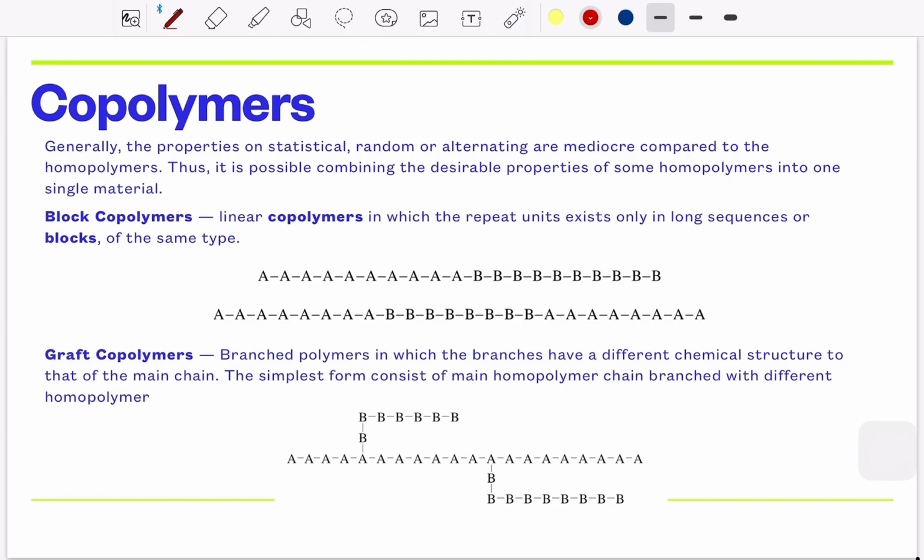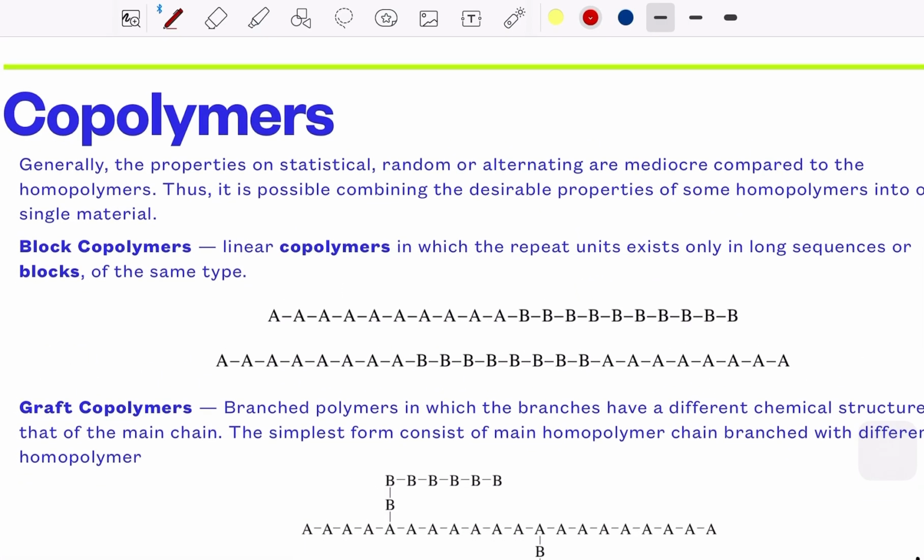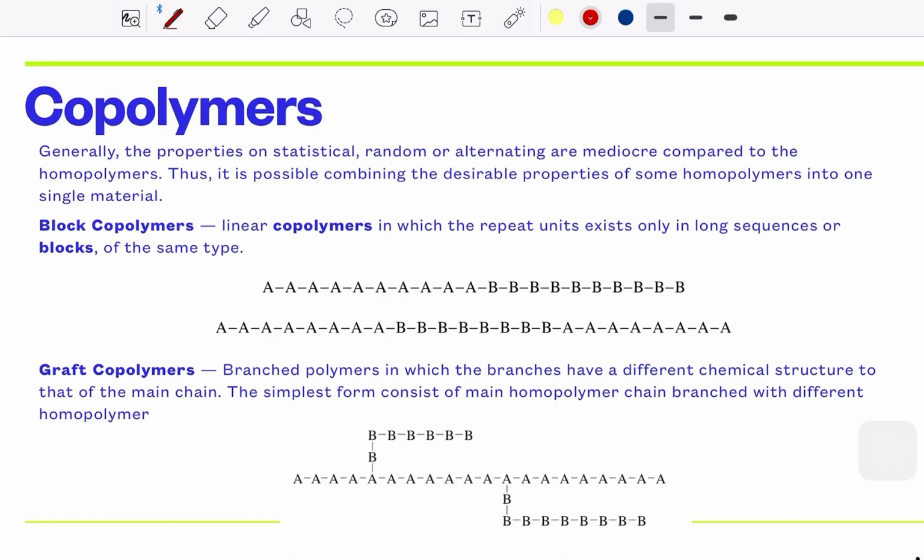So the difference between these two is if you look at the branches, if you look at the structure, and I write here in the first paragraph why this block and graft is important, especially if you are going to do some synthesis in the future.